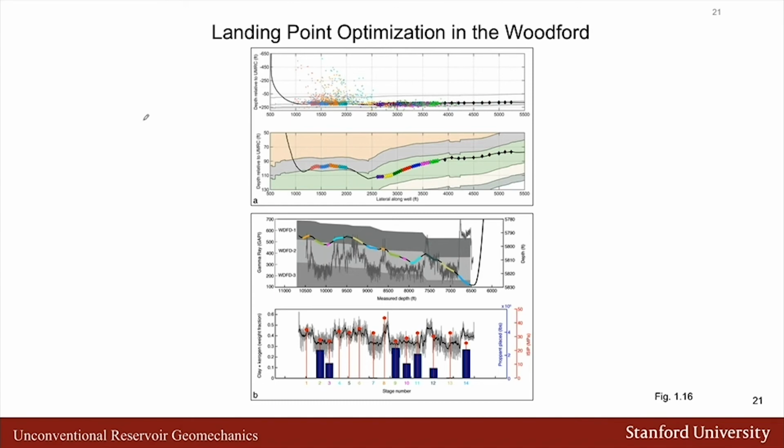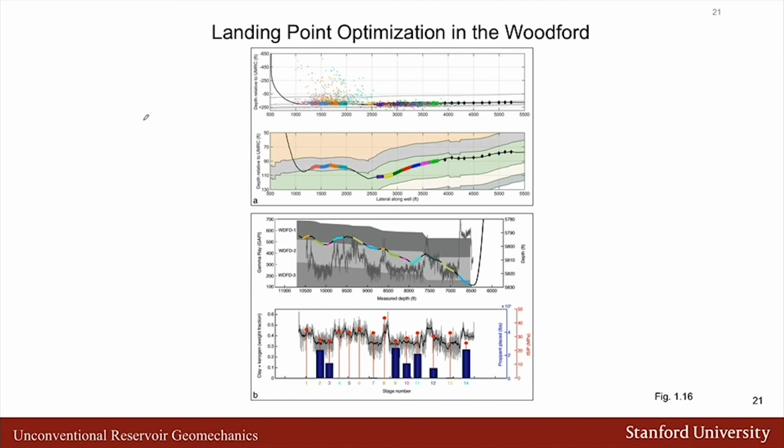The well started in that, and then they deviated the well down into the lower Marcellus, as shown by the light green, and carried out a number of stages. This was particularly important because the hydraulic fractures from the stages in the lower Marcellus tend to be horizontal, whereas those in the Cherry Valley seem to be vertical.